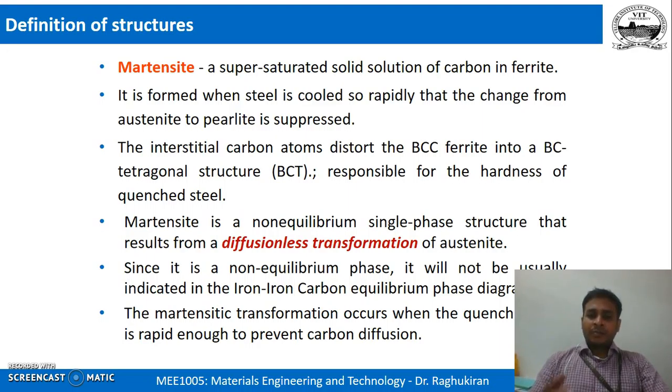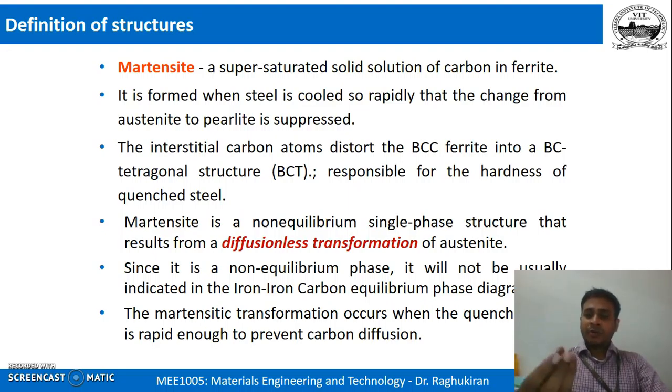The carbon that is there in austenite, in FCC structure, does not have time to diffuse, because it has to diffuse as the temperature reduces. Why does it have to diffuse? Because the austenite has to be converted to ferrite, right? That means FCC structure should be changed to BCC structure.